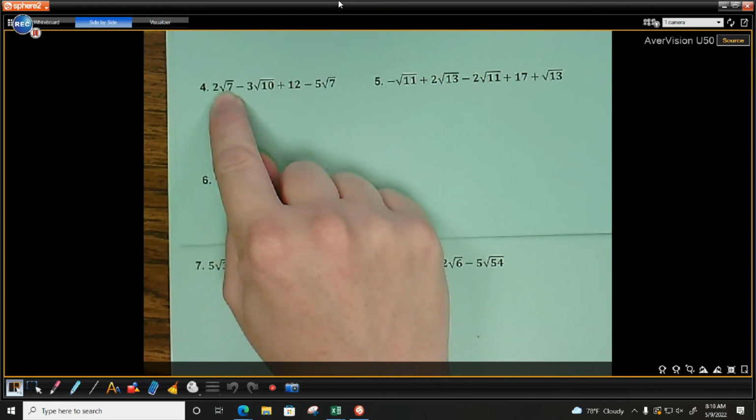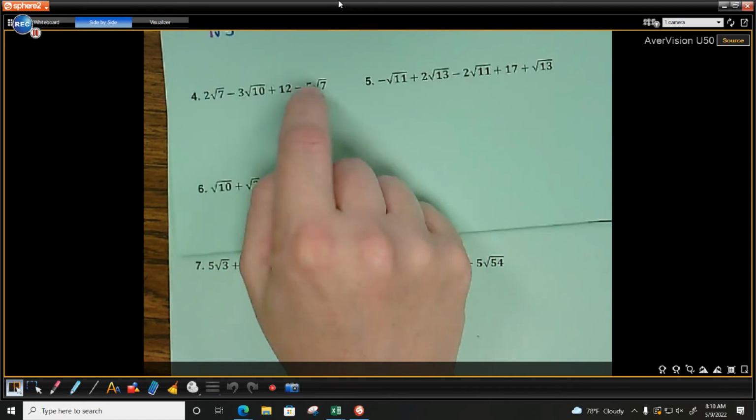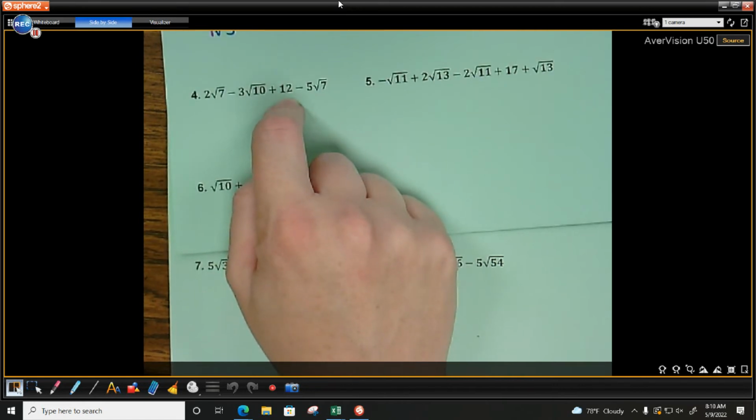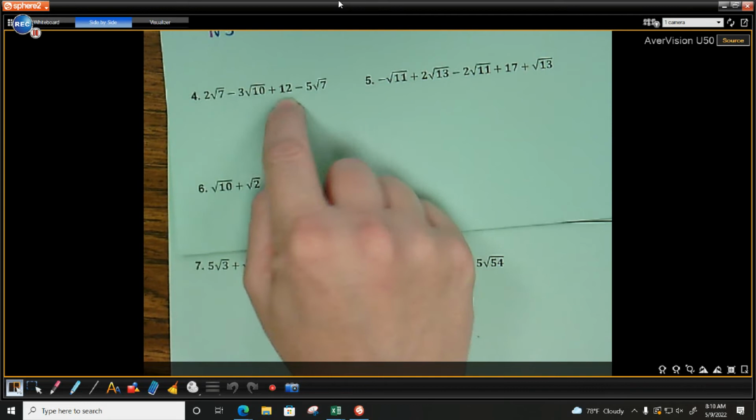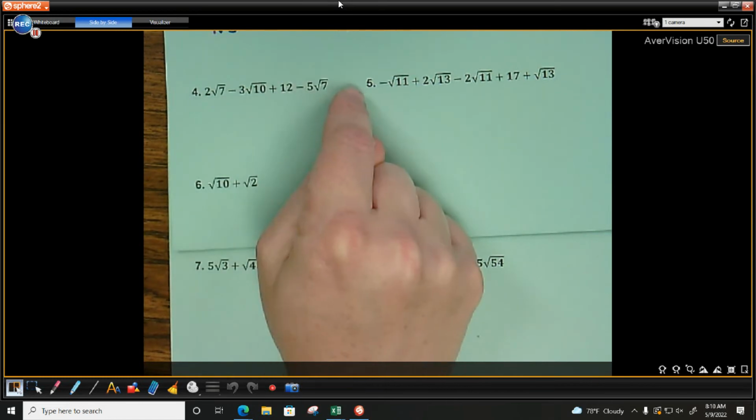Is 10 divisible by any perfect square? No. Can't simplify. Does 12 even have a radical? No. Can't simplify. And 7's what kind of number? Prime. Can't simplify. So can any of these radicals be simplified? No. Okay, so we're ready to combine like terms.